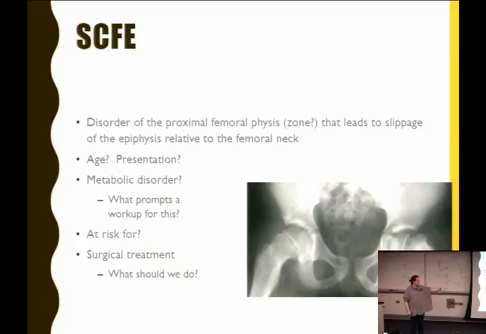And then let's say that it's on one side. Is that typical or atypical? Typical. If it's on both sides, is that typical or atypical? Atypical. Good. So if you have a young child, a super skinny child, or somebody who has it on both sides at the same time, you're getting a workup. Because it's probably not just you were overweight, this was a repetitive type of injury sort of thing, or a growth plate abnormality.